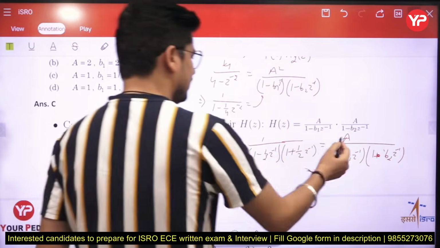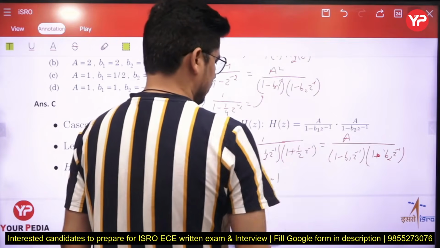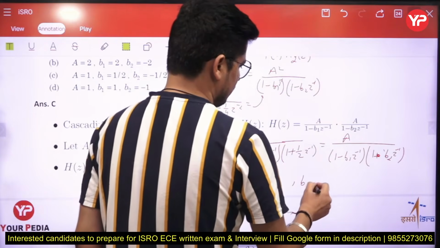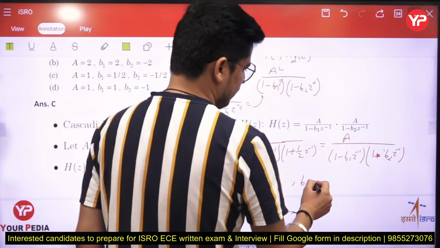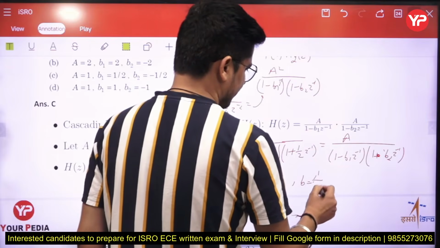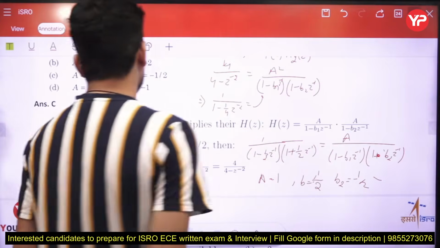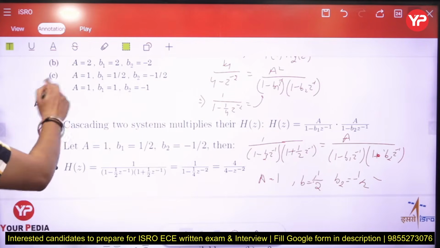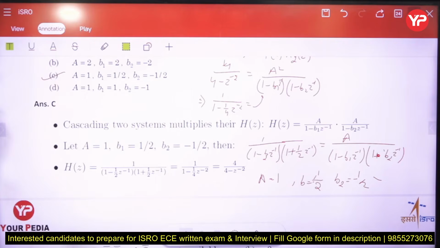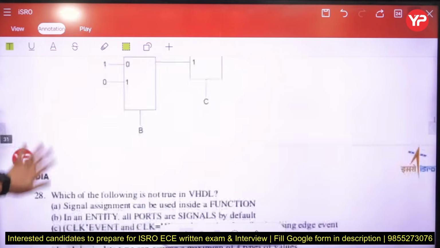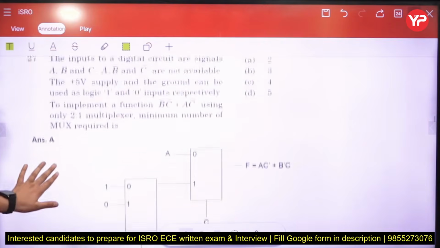So when you compare here, A is going to be 1, right? You can take B1 as 1 by 2 and B2 as minus 1 by 2. So these are the values. Answer will be C. A is 1, B1 is 1 by 2 and B2 is going to be minus 1 by 2.